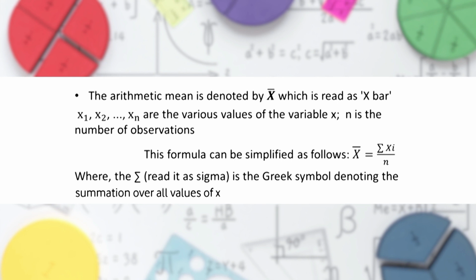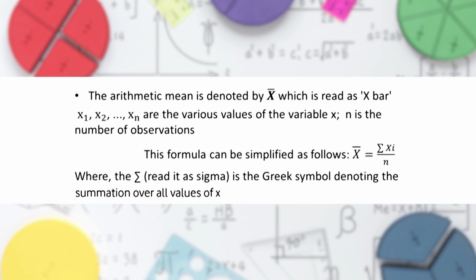So mean is denoted as x bar, and the values of the variable are denoted as x1, x2, x3, and since I said you have to add up the values of all these variables, when we sum up, the summation is denoted as sigma in statistics. So, why I am telling you?